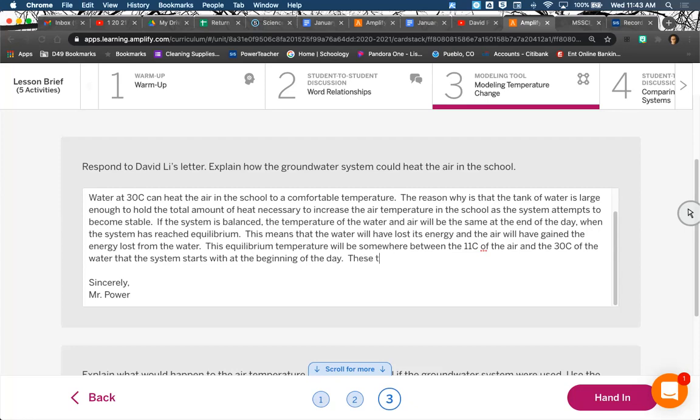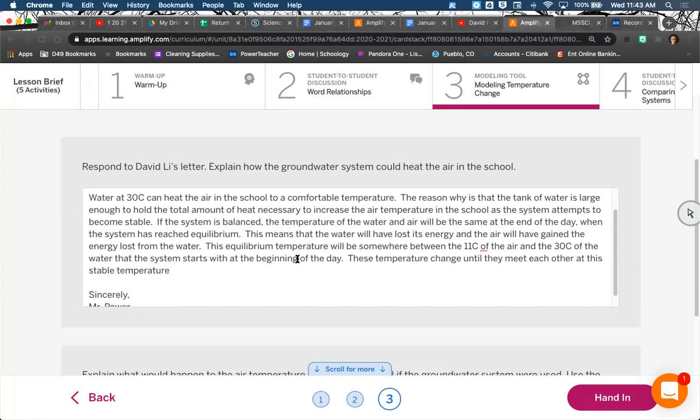These temperatures change until they meet each other at this stable temperature.